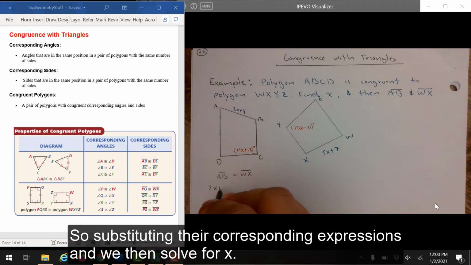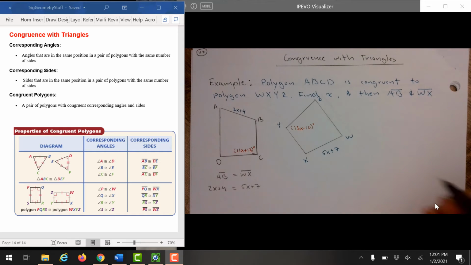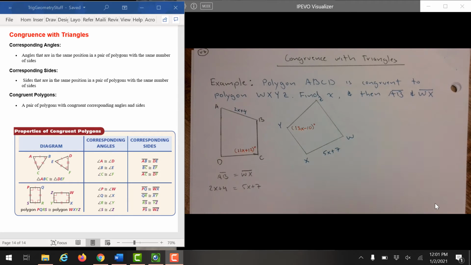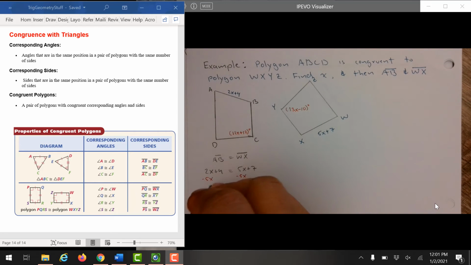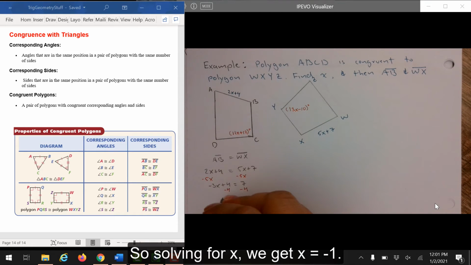So substituting their corresponding expressions, we then solve for x. So solving for x, we get x equals -1.